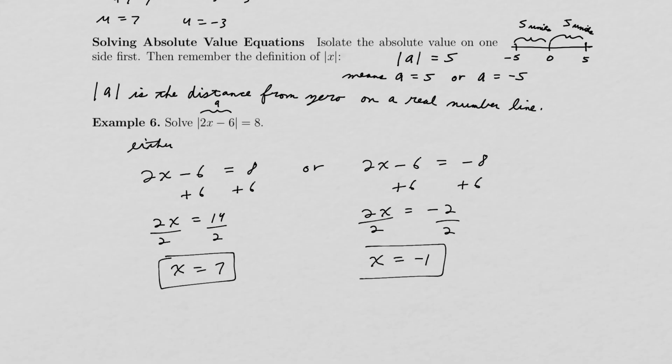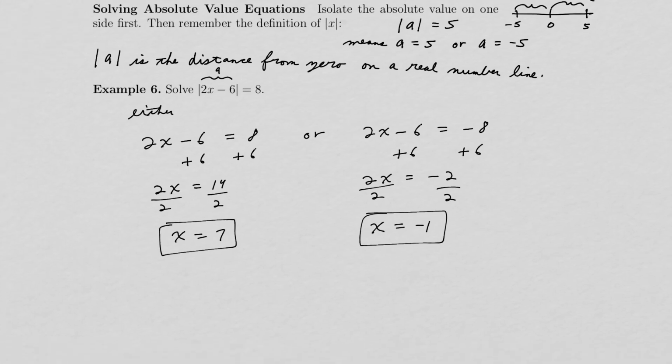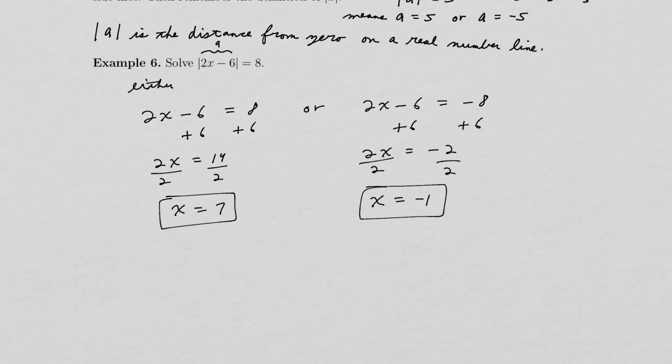That's another solution. And notice, let's actually check this. If I plug in 7, I have the absolute value of 2 times 7 minus 6, and I want to see whether that equals 8. Well, 2 times 7 is 14, so 14 minus 6 is 8. The absolute value of 8 is equal to 8, so that checks.